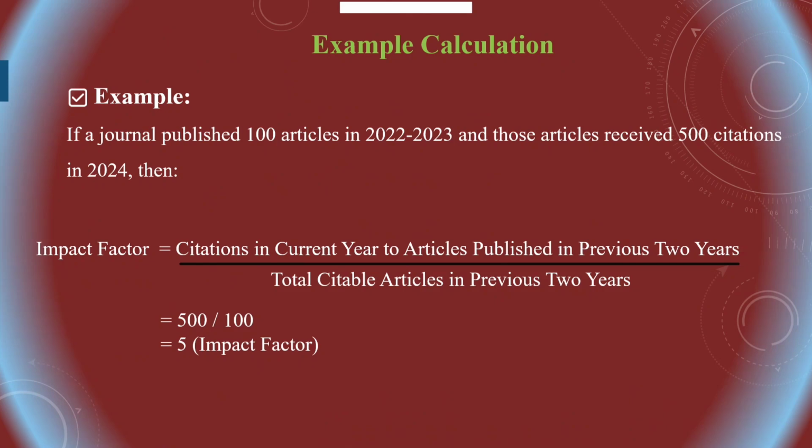So it means 500 over 100. 500 is the number of citations received in 2024, and 100 is the number of research articles published in that particular journal. So 500 over 100, we get 5, which is the impact factor of the journal.